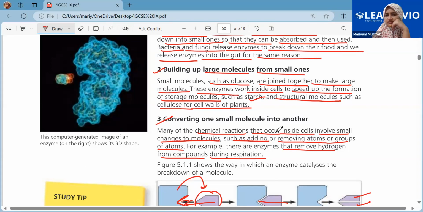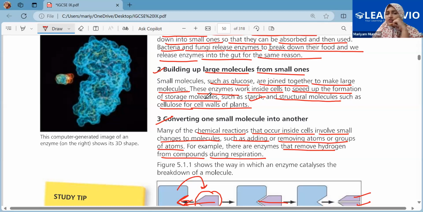No. Here, substrates are the ones on which the enzyme will act. They are not the storage molecules. They have given the examples of starch and cellulose. Starch is the storage molecule of plants. We know that it is the stored food product of the plant. So they have given this as an example. This is not the substrate.